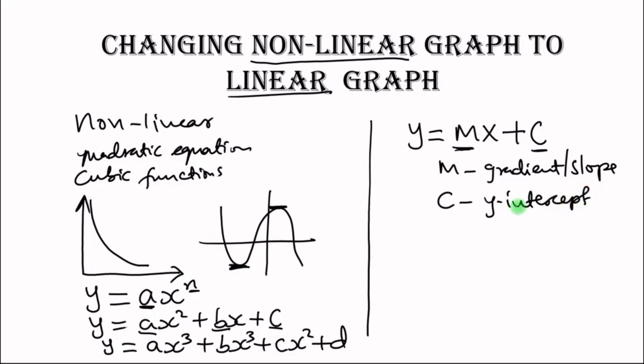So this concept will help us work out nonlinear graphs to linear graphs. For us to work out nonlinear graphs to linear graphs, we normally introduce logarithms. So we shall see this in the next part.